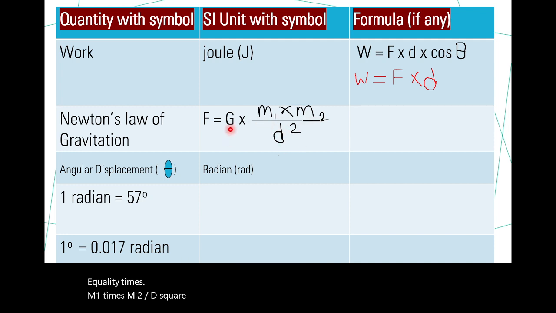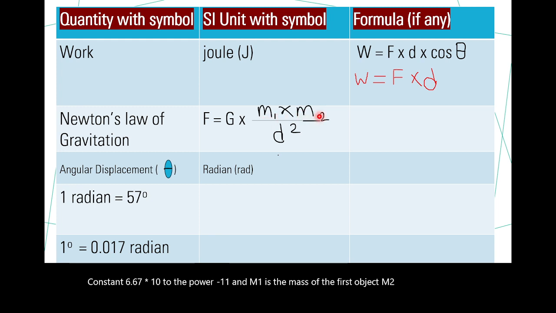G is a constant, 6.67 times 10 to the power minus 11. m1 is the mass of the first object, m2 is the mass of the second object, and d is the distance between the two objects.